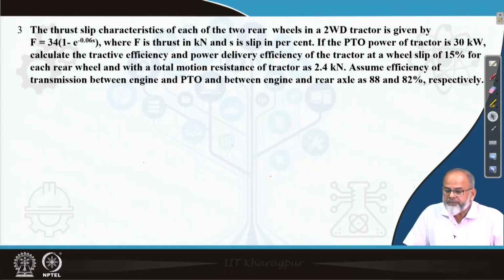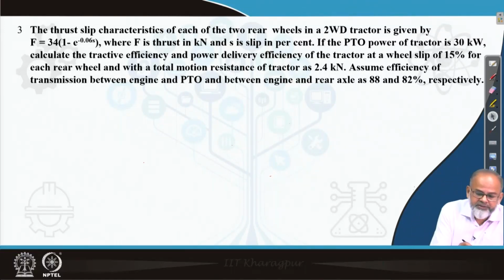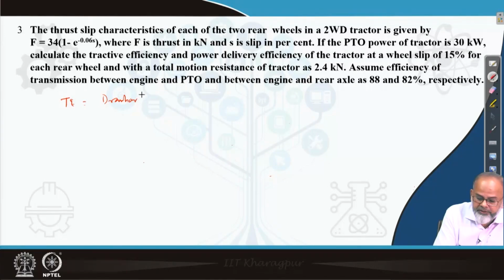Some more information has been given, like efficiency of transmission between engine and PTO, and between engine and rear axle is 88% and 82% respectively. So the first thing when we are going to calculate the tractive efficiency is, in case of tractive efficiency, we require to find out the drawbar power by axle power.